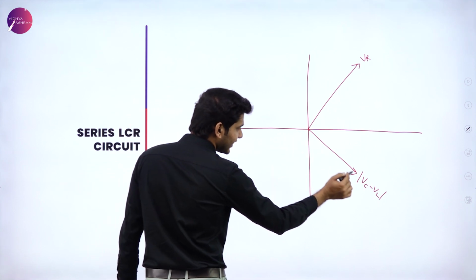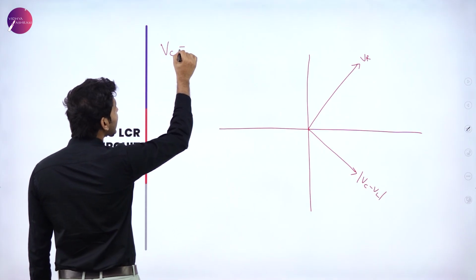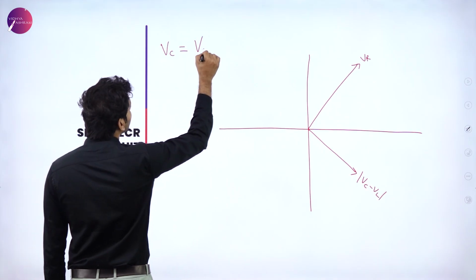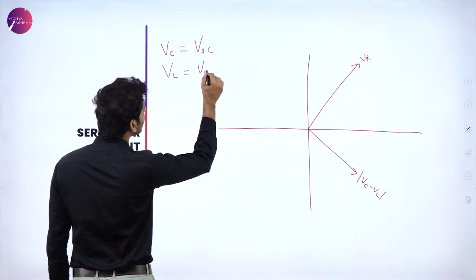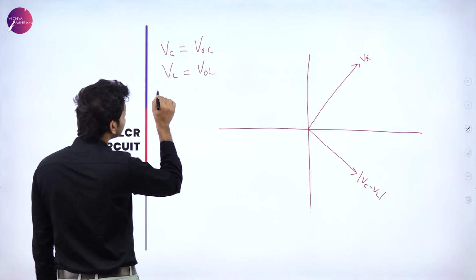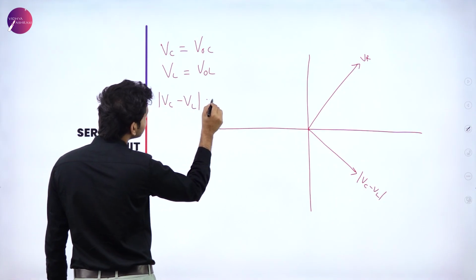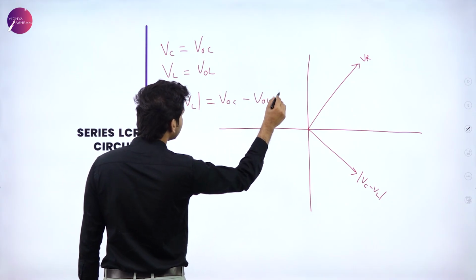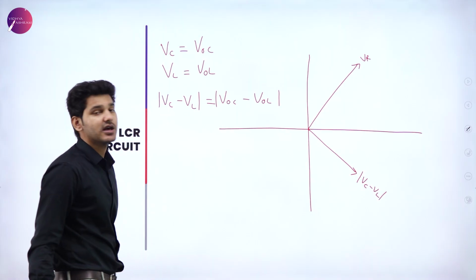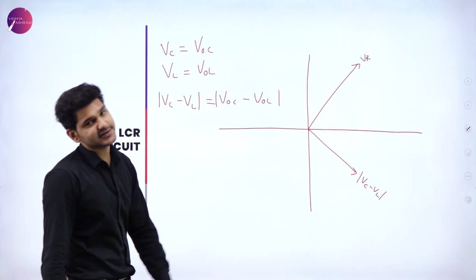Here again, if I take the peak values, then VC is equal to V naught C and VL is equal to V naught L, which means this quantity, VC minus VL, is equal to V naught C minus V naught L. That is the net peak value, or the difference can be indicated like this also.